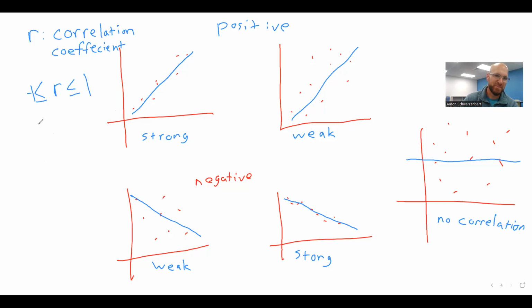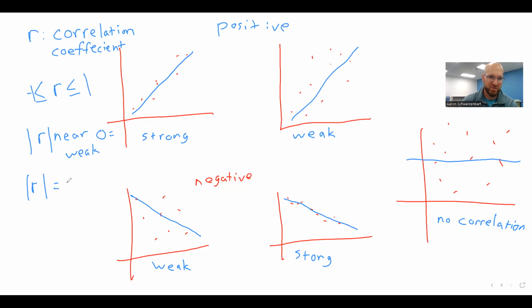Okay? R near 0 is weak correlation. And by near, I mean really less than half or less than -half. So I'm actually going to go absolute value of R. The sign tells me whether it's positive or negative correlation, or positive or negative slope. Absolute value near 0 equals weak.